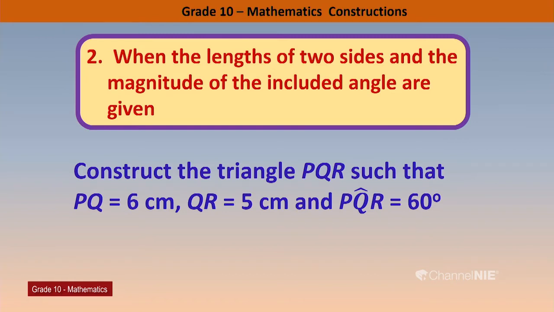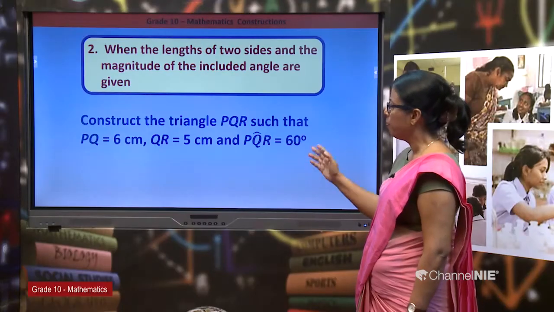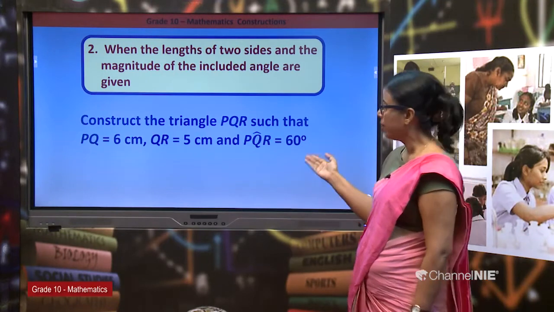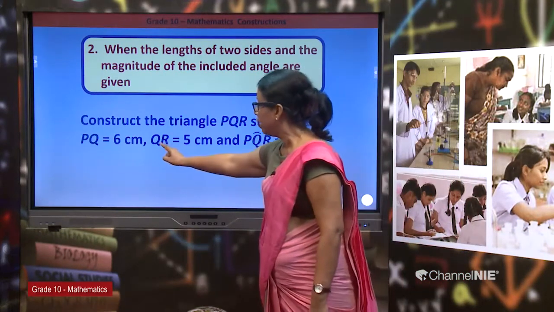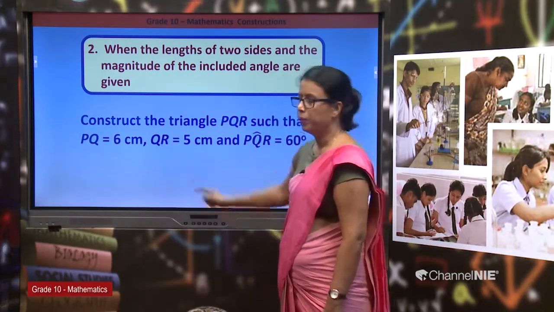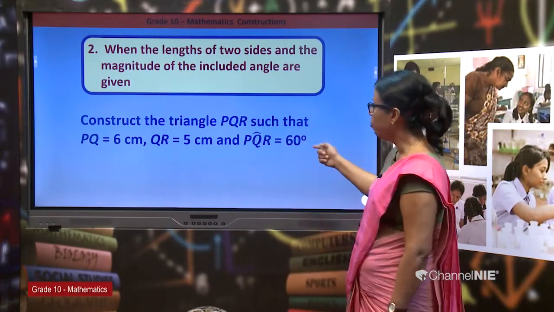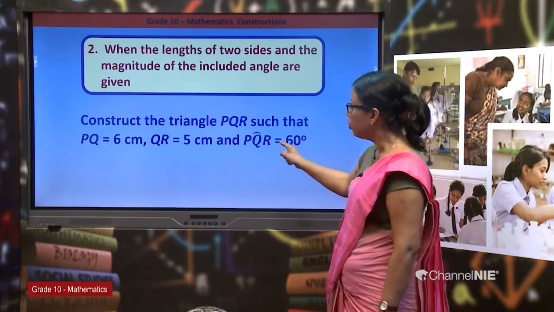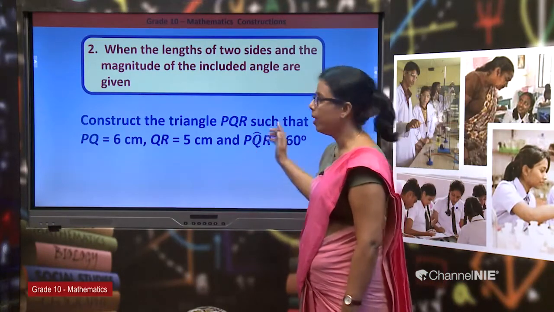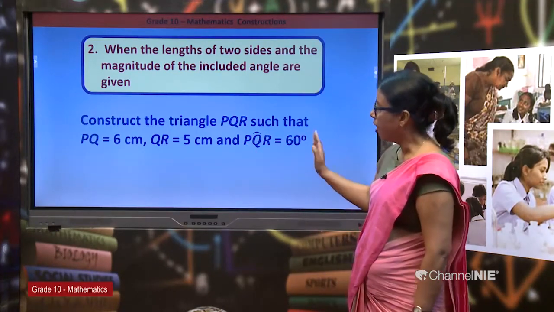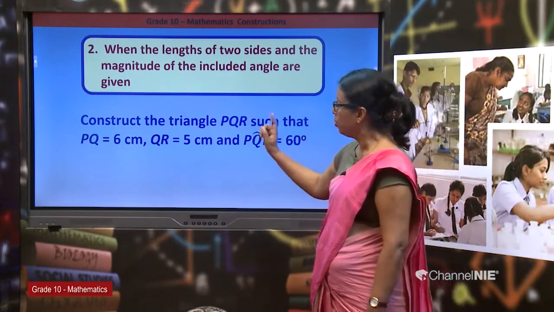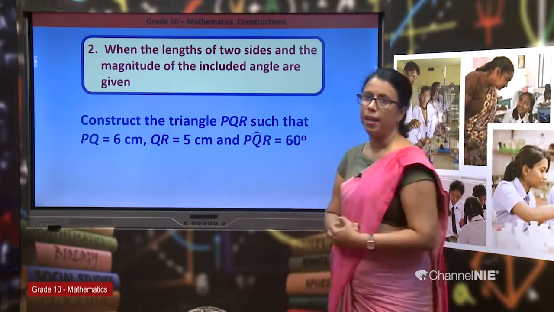According to this question, two sides given PQ and QR. There is a common letter Q, even the angle given PQR. So, that means included angle is Q. So, we are going to construct triangle with two sides and included angle.